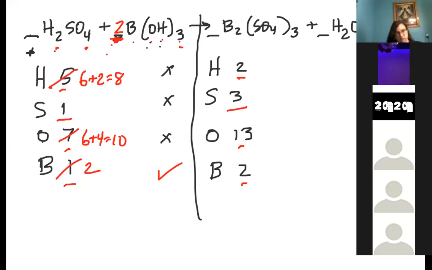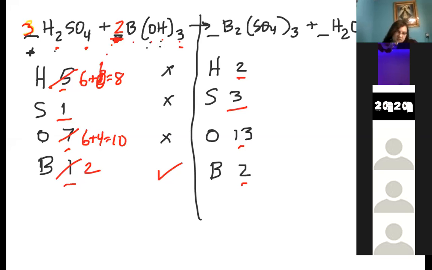So what are we going to do to fix the S's now? We can put a 3 on the left side beside the H. So put a 3 right there. I have no idea why that changed to a yellow. Okay, so we put a 3 there. 3 times 2 means that this 2 right here is now a 6.